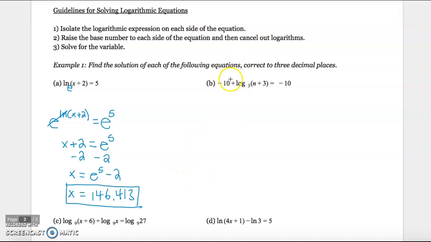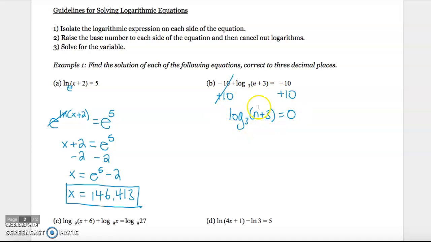All right, so that's one example. Let's go ahead and try another one. In this example, I have my logarithmic expression with my variable in it. It has negative 10 being added to it, so I'm going to add 10 to both sides to get rid of that first. So I have the log base 3 of n plus 3 equal to negative 10 plus 10, which is 0.